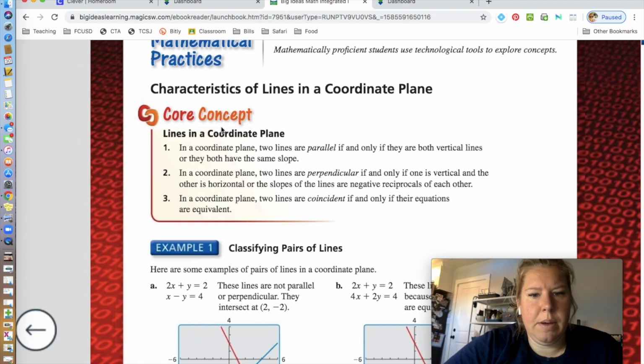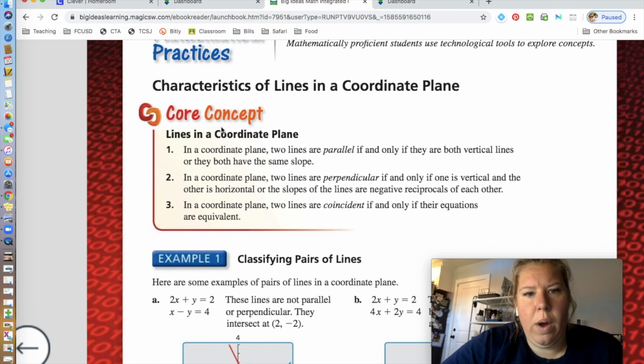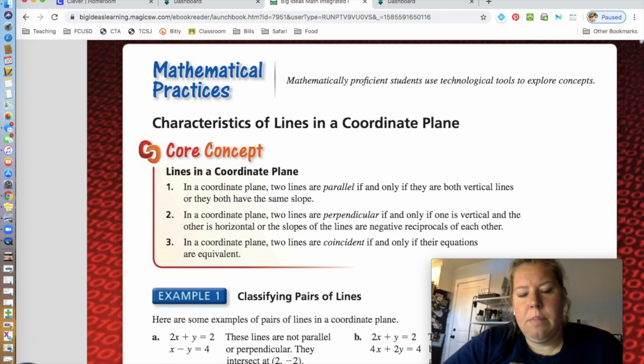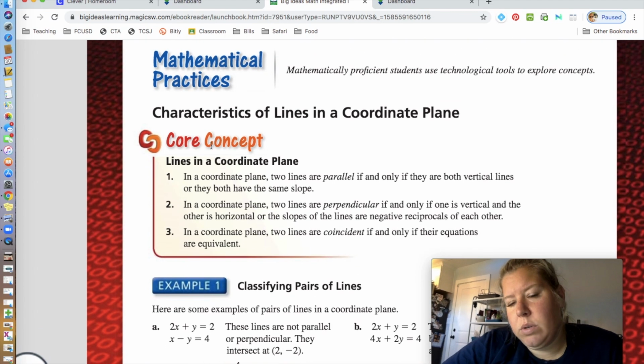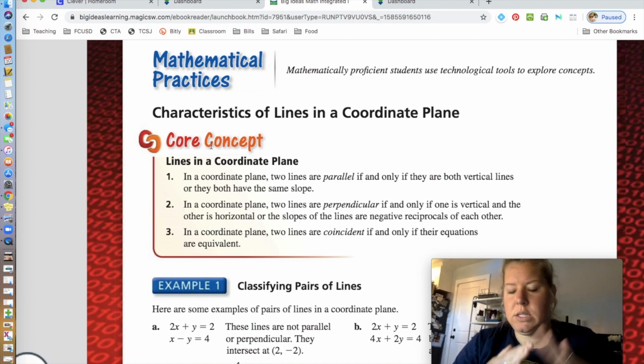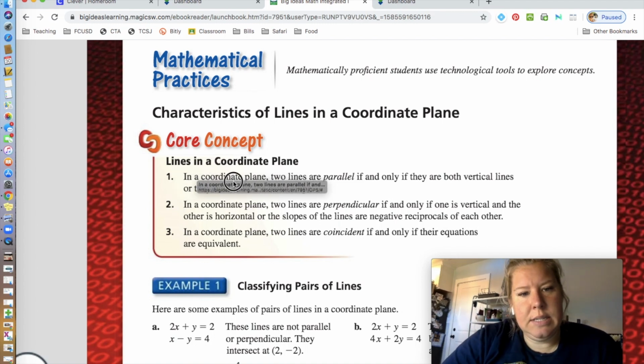We have been talking about this for quite a while now, but now we're not just talking about one line, we're talking about multiple lines. So we're talking about two lines and what it looks like when those two lines touch each other or don't touch each other. So it says lines in the coordinate plane.